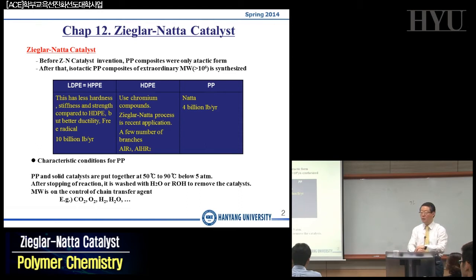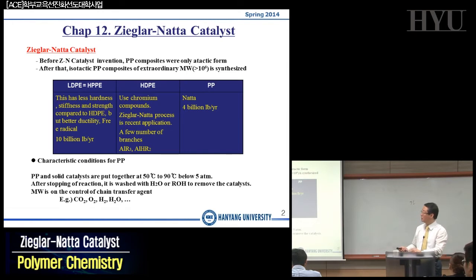Traditionally, in order to make this polyethylene, they used a very high pressure, such as over 100 bar, so they had to use very thick reactor walls in order to prevent any explosion of the reaction systems. But it was not very convenient in the industrial manufacturing of polyethylene at the time, back in the 40s and 50s.